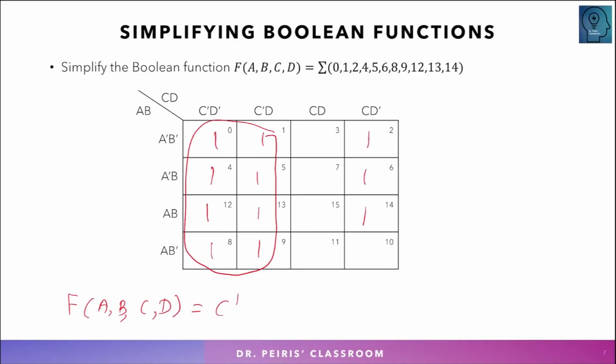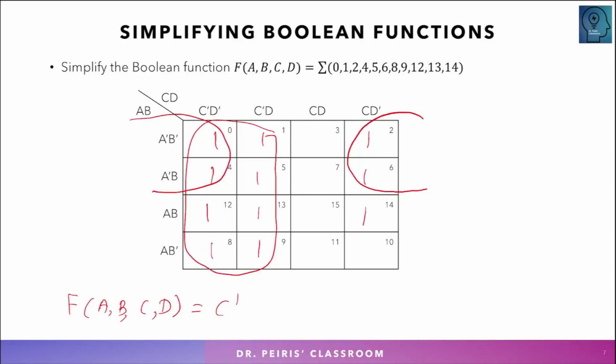So what is the best way to do that? We need to enclose as many ones as we can. The best way is to group these 2 with these 2, which means I am making a single group with 4 ones. That's the largest possible group that I can do in that way.